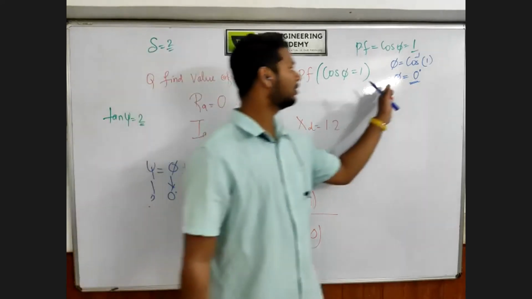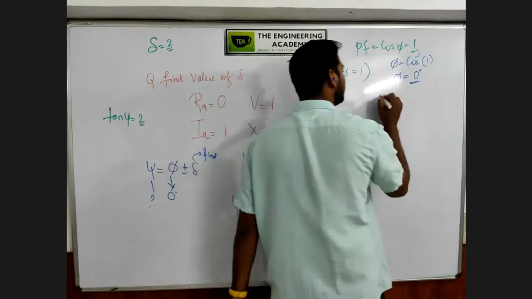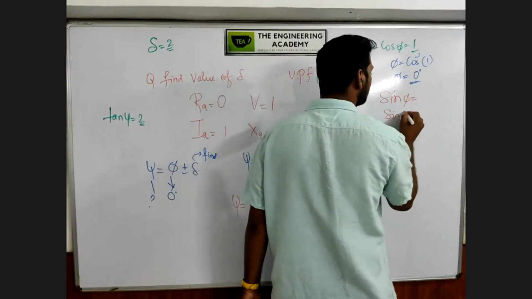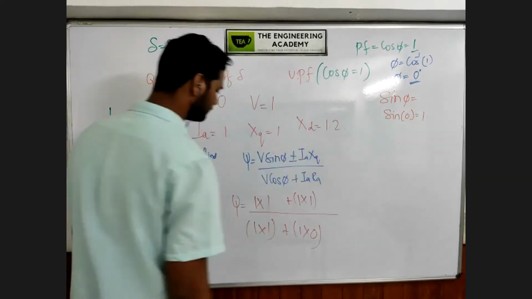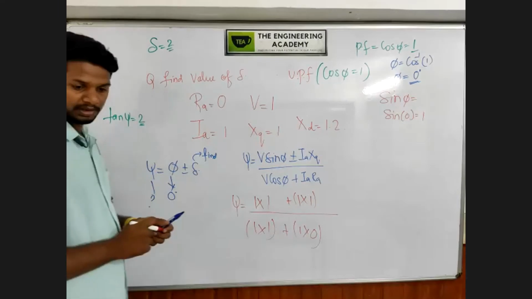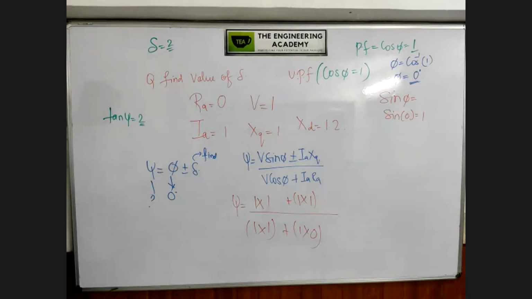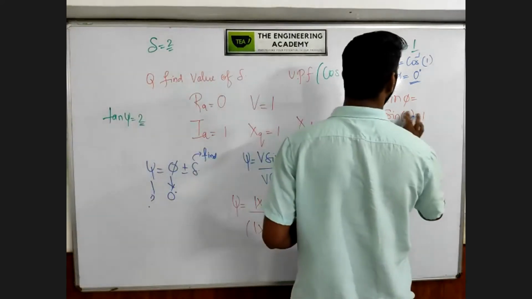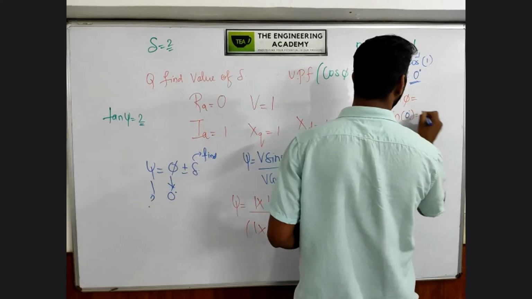Cos phi is equal to 1, so phi is equal to 0. Then we can find sin phi. Sin 0 is equal to 0.